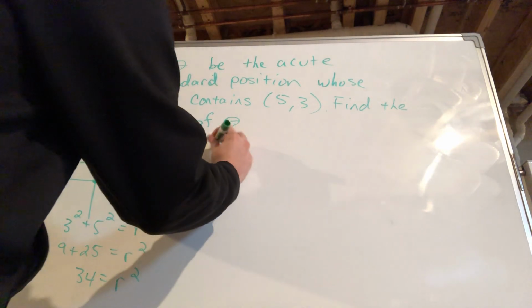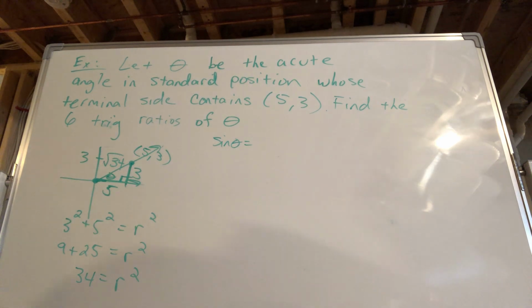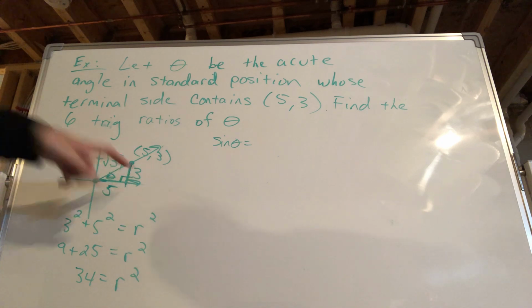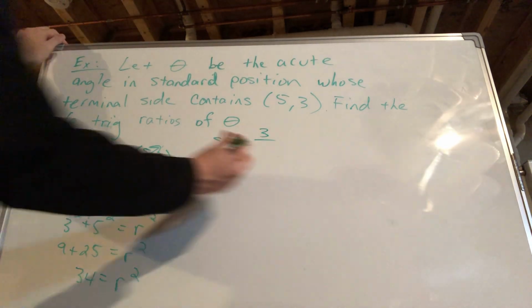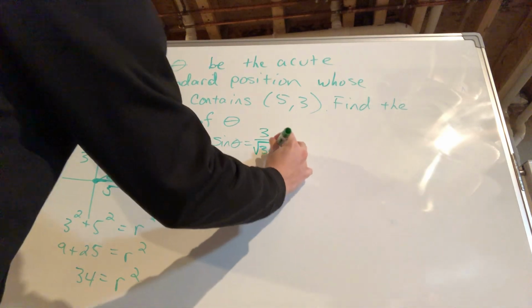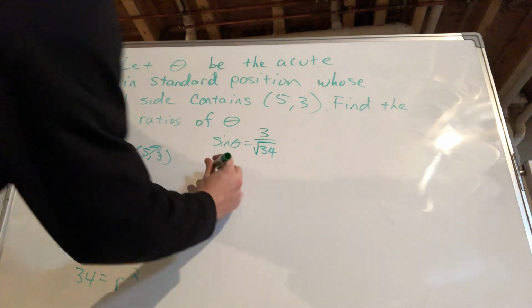Okay, so sine. Let's start with sine. All right, so the sine of theta. Well, if you guys remember the trig ratio, SOHCAHTOA, sine is what over what? It's opposite over hypotenuse. So what is the opposite of this theta here? It's 3. What is the hypotenuse? Square root of 34. We just found it. Okay, let's keep going.